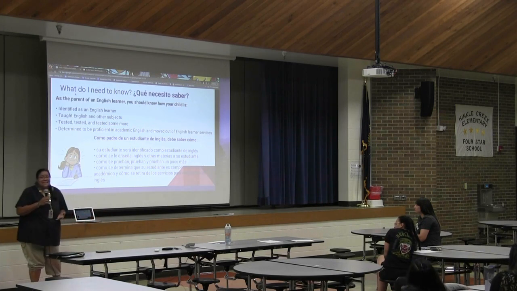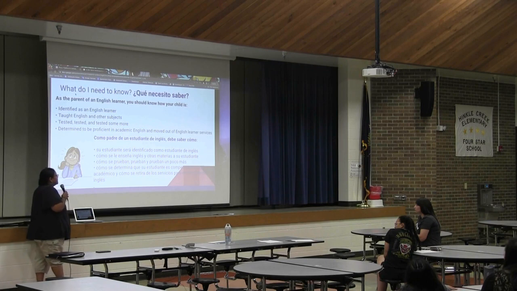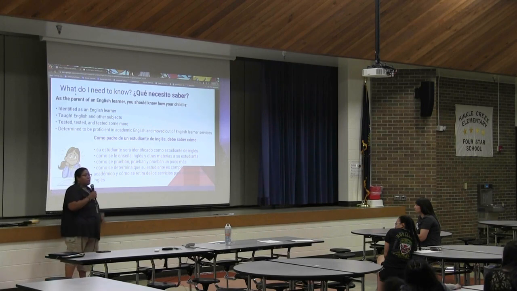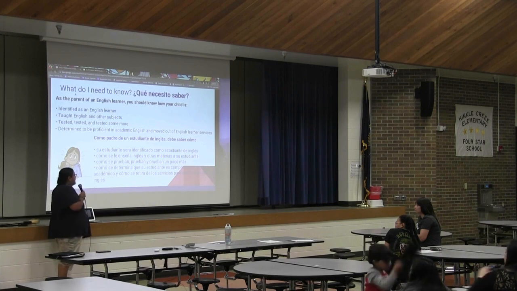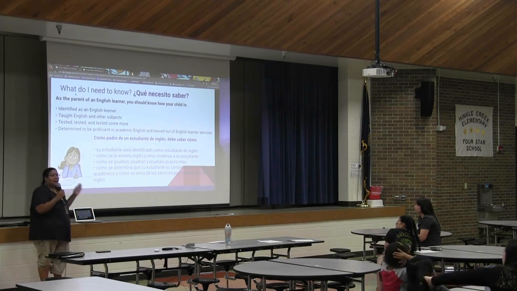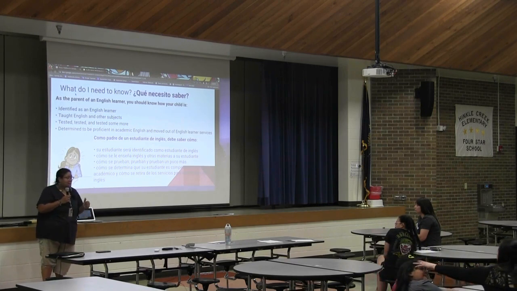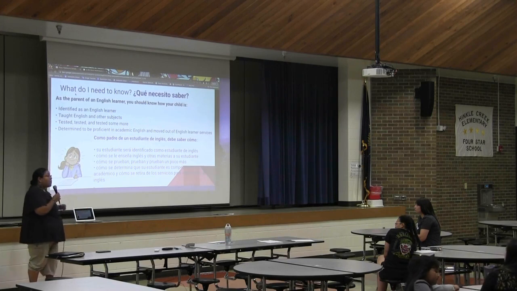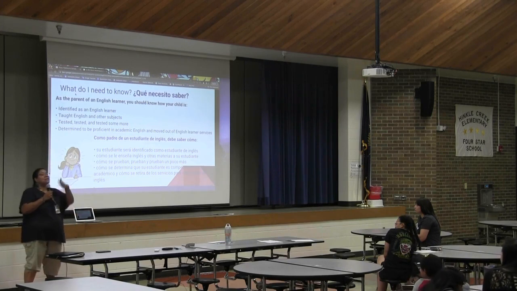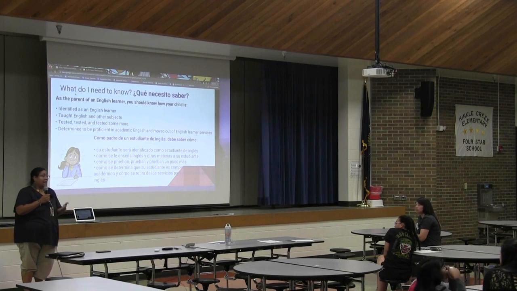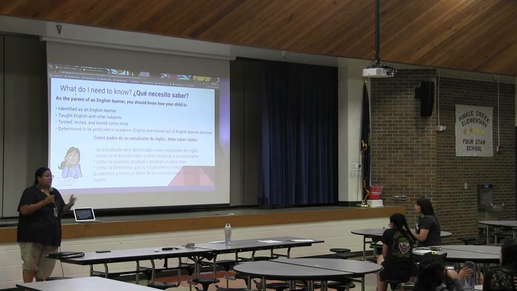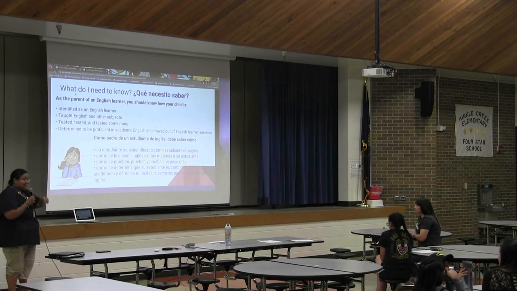So las cosas que necesitan saber familias, ¿verdad? De un padre, un tutor legal, de un niño, un estudiante que tiene que aprender inglés académico. Es primero, ¿cómo identificamos ese niño para aprender inglés? También, ¿cómo vamos a enseñar el inglés? Y las otras materias que tenemos que aprender, ciencia, biología, la historia, todo, en inglés.